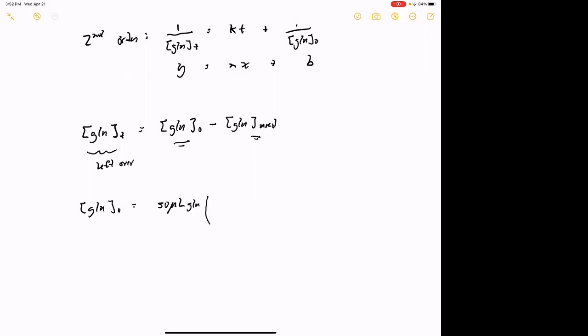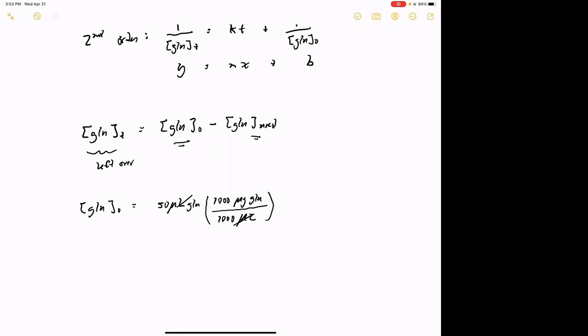We had a standard that was 1,000 ppm. 1,000 ppm is the same thing as 1,000 micrograms per milliliter, which I could write as 1,000 micrograms of glucose. And since we're in microliters, let's say that a milliliter is equal to 1,000 microliters. So microliters will cancel with microliters, and we've got micrograms of glucose.